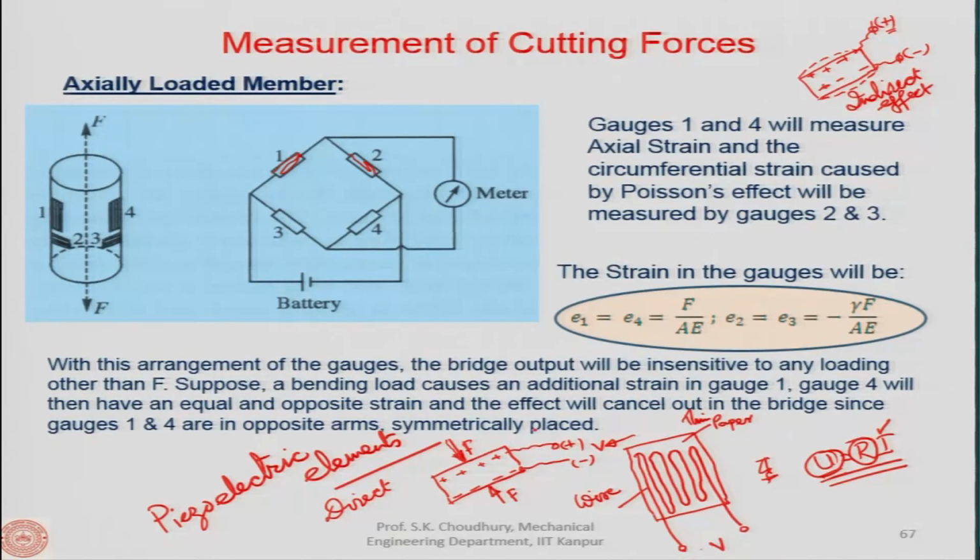Same as in the case of the gauges, where you are measuring the strain. Depending on the voltage that you are getting at the output, you can find out what the F is. Now, for example, if you change F by delta F, that is F plus delta F, in that case V will be V plus delta V.